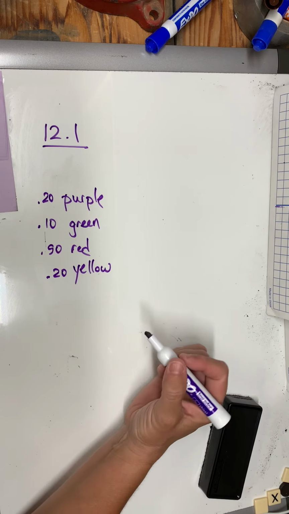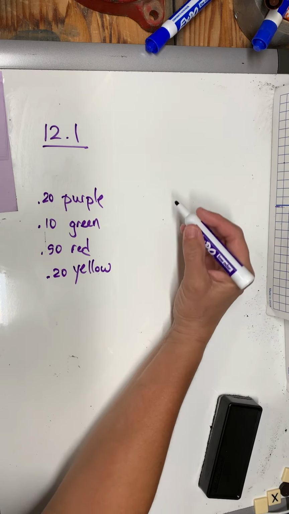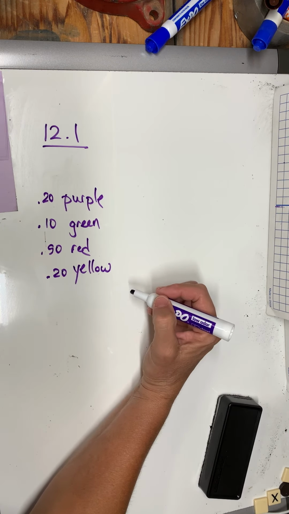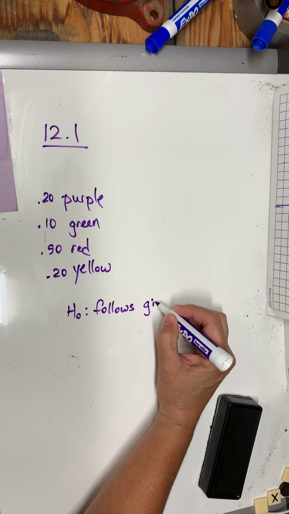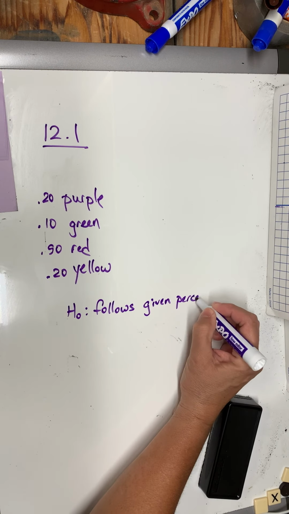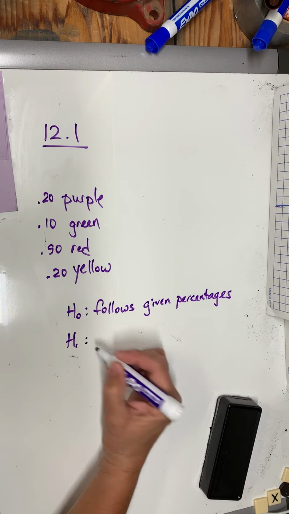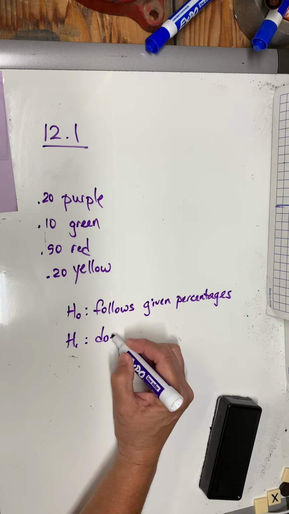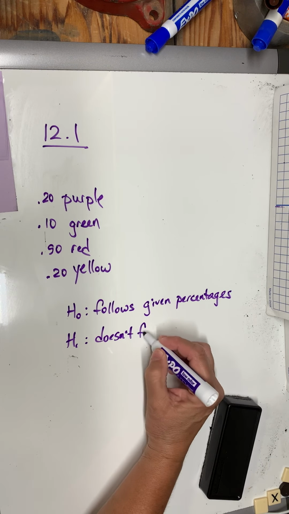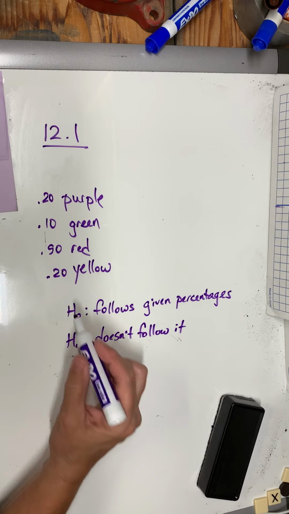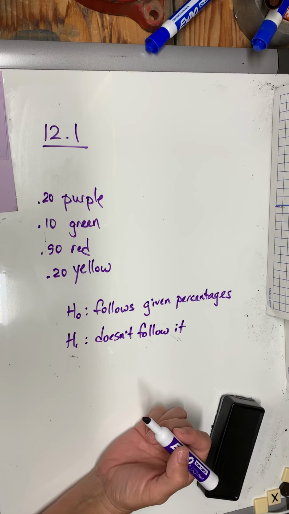So the null hypothesis would be that you open up a bag of Skittles, and your bag follows the given percentages, and then you might challenge that and say, well, I think that it doesn't follow it. This is basically how your null and your alternative will look.